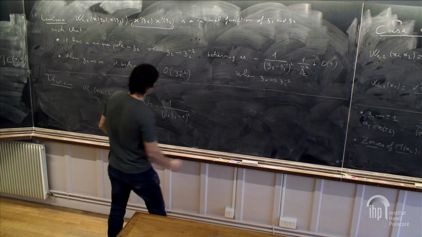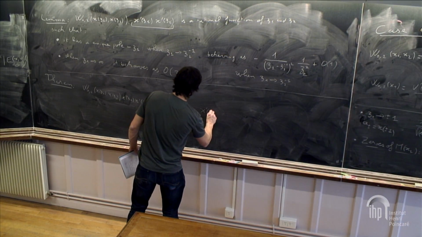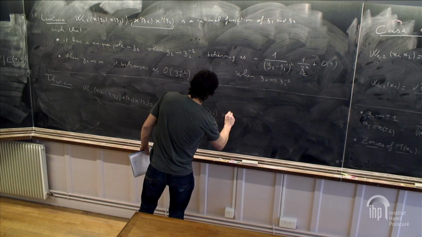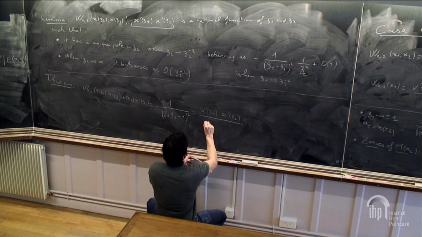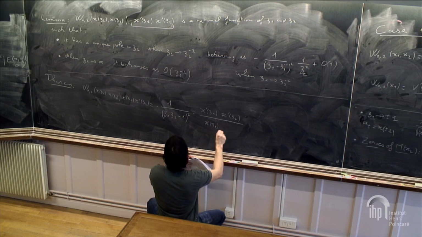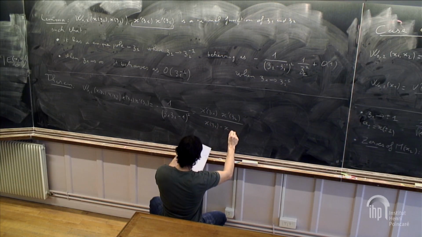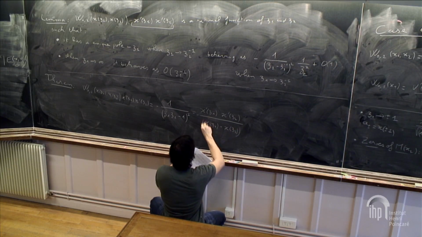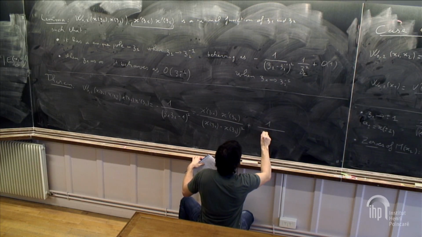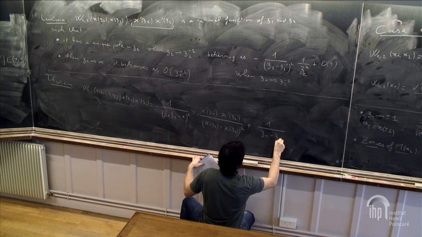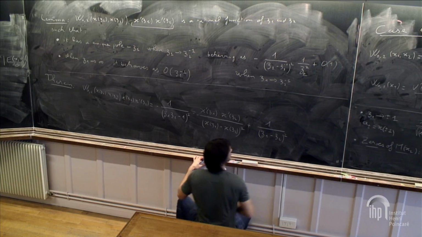And what I like is to write it as x prime of Z1 times x prime of Z2 divided by x of Z1 minus x of Z2, squared, plus 1 over Z1 minus Z2, squared.